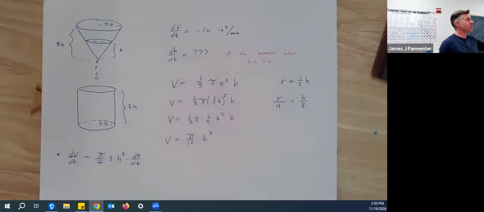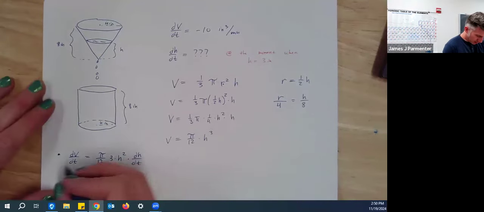Now that we have taken the derivative of both sides, we're allowed to plug in our values. Just like with implicit differentiation, when finding the slope of a tangent line, after you've taken the derivative of both sides, you can plug in the point. Same idea. So we're going to plug in what we know.